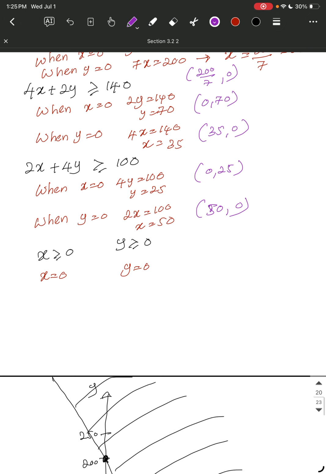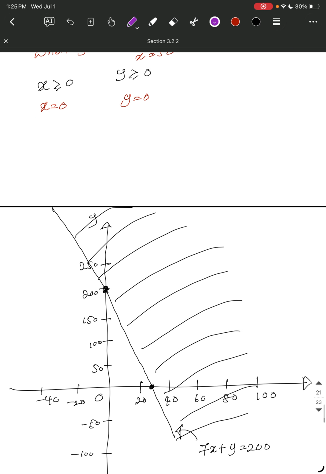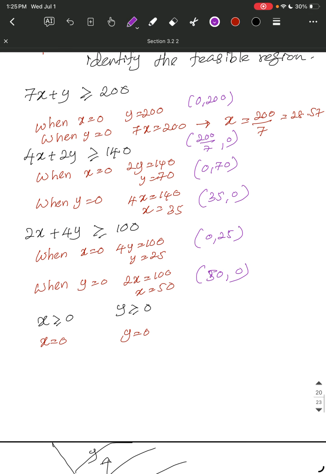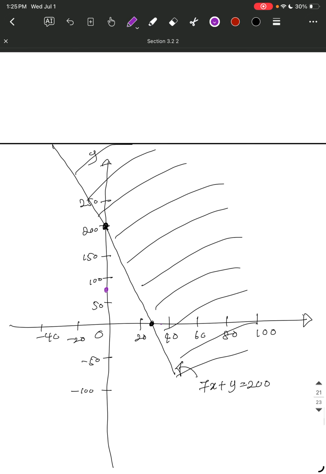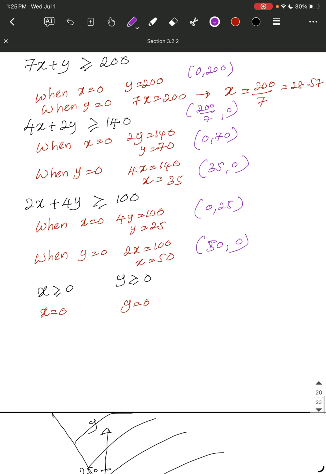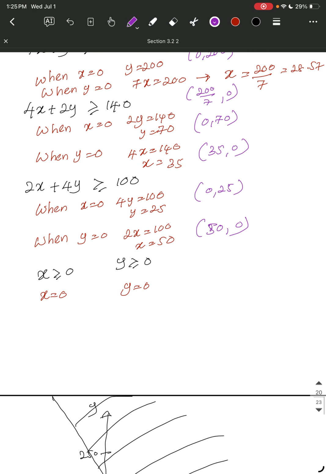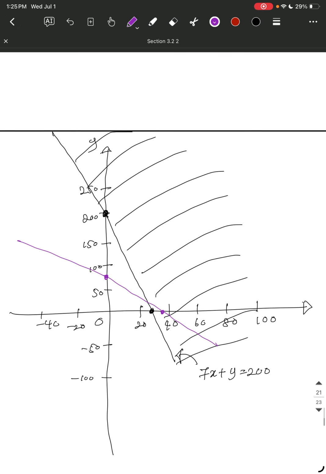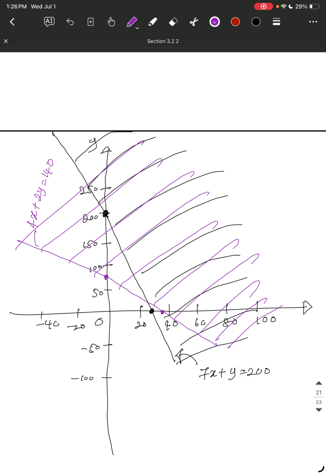Let's draw the second one. 0, 70 and 35, 0. Again a solid line, and that is the line 4x plus 2y equals 140. Also the region above the drawn line.